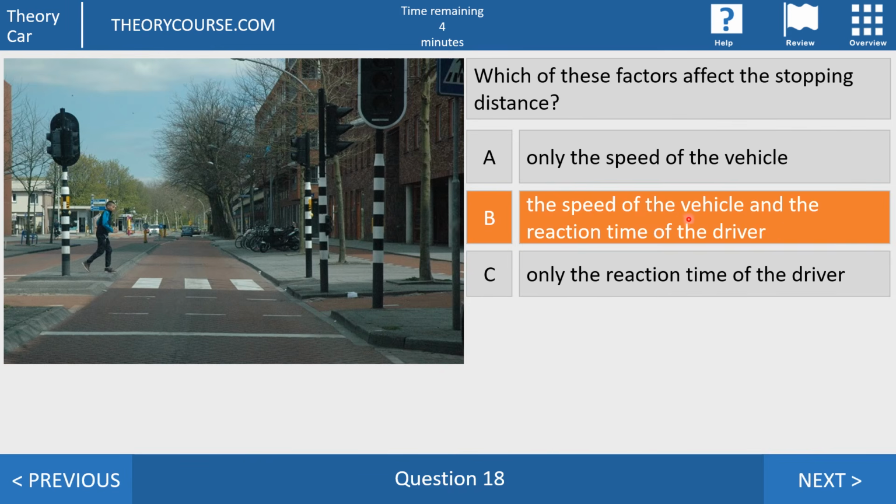The speed of the vehicle and the reaction time of the driver affect the stopping distance. Because if you drive here 80 kilometers per hour, you cannot stop in time. So your speed is important. And if your reaction time is not 1 second, but you need 4 or 5 seconds to react, then also you cannot stop in time. So right answer, answer B.